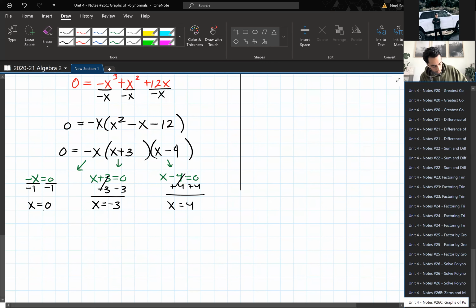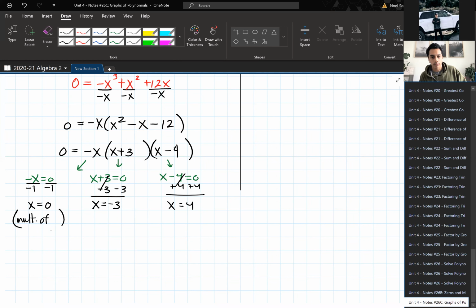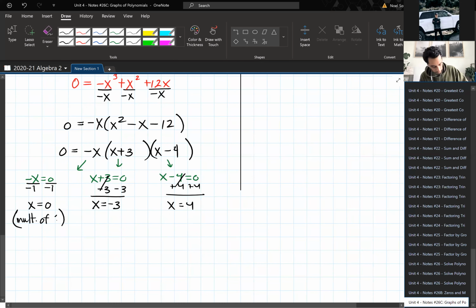Okay, so now we know, hey, we have 0, negative 3, and 4. What are the multiplicities for each one of them? Yeah, it's just multiplicity of 1, right?